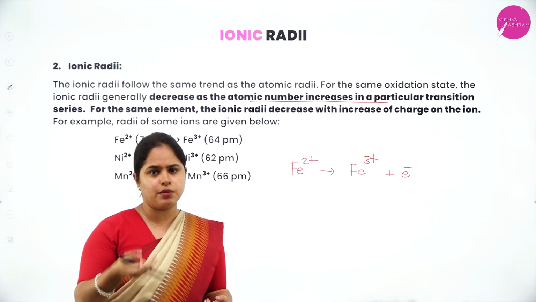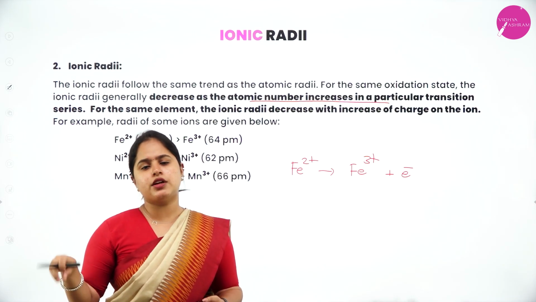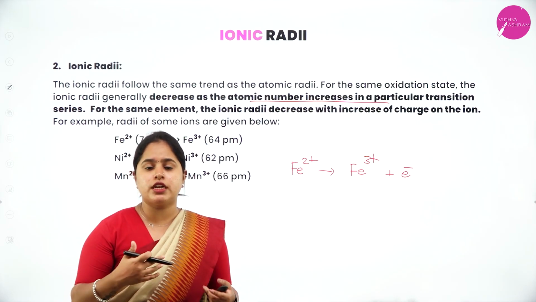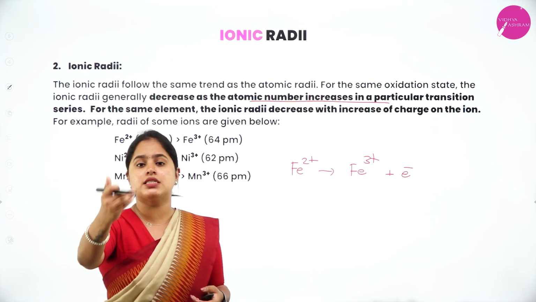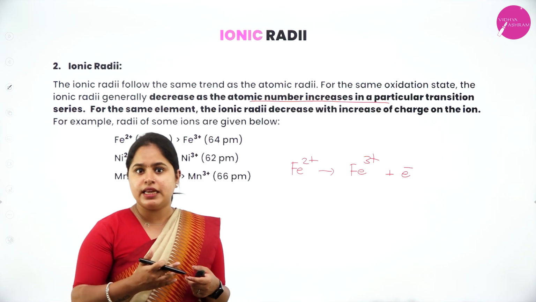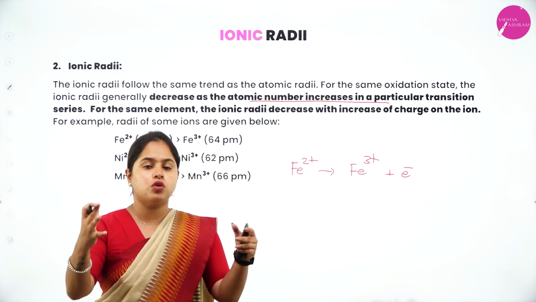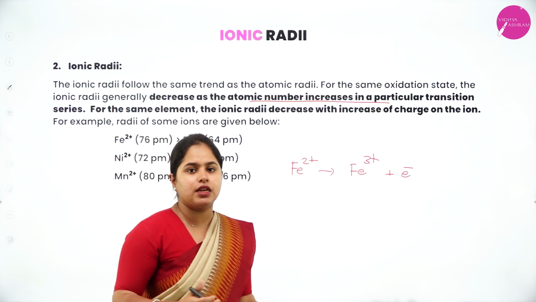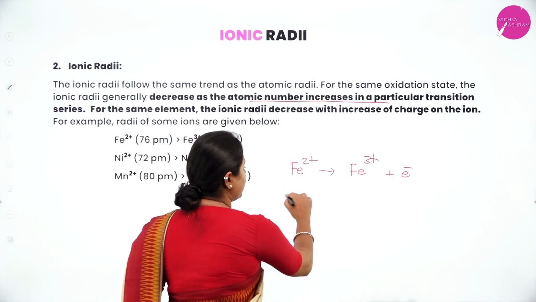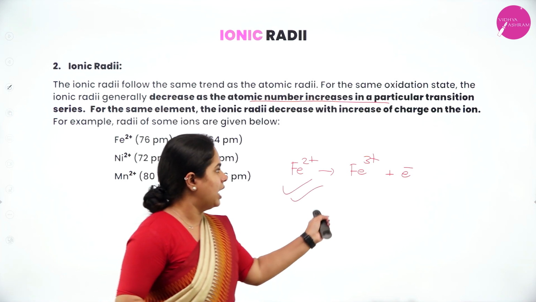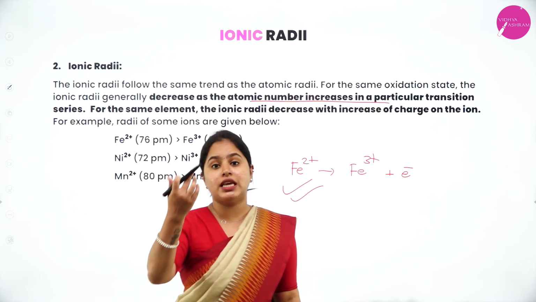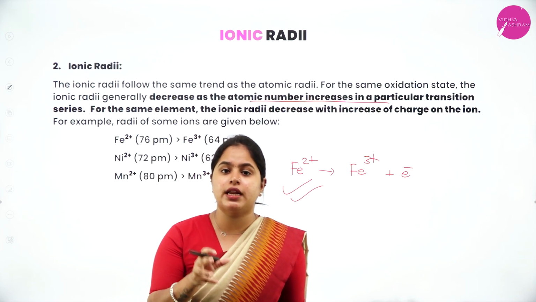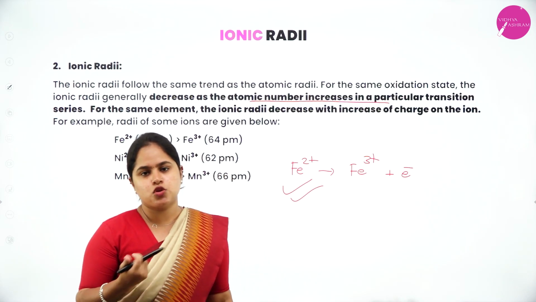The charge is increasing, but one electron is lost. One electron lost means the electrostatic force of attraction between the nucleus and the outermost electron will increase. So the attraction will increase and the size will decrease. When you compare Fe2+ and Fe3+, Fe2+ will have more ionic radius than Fe3+. So when the charge increases, the radius will decrease. I hope it is clear.